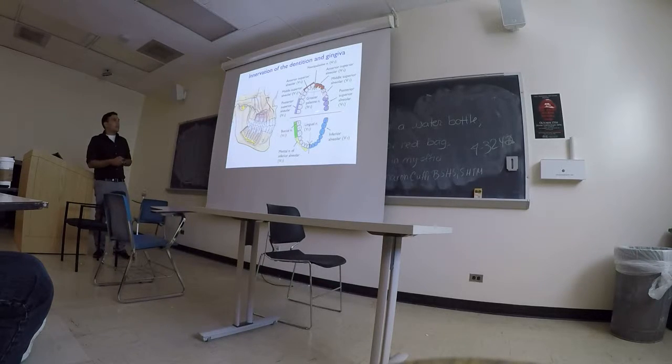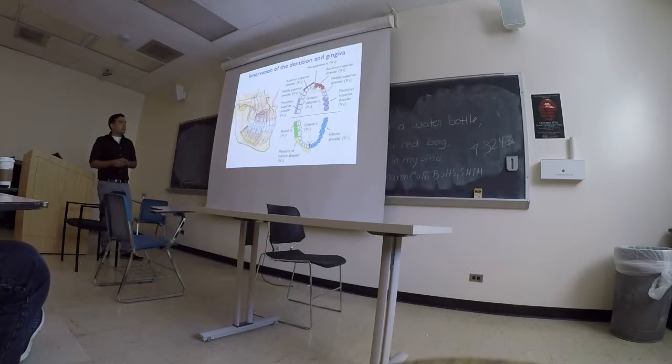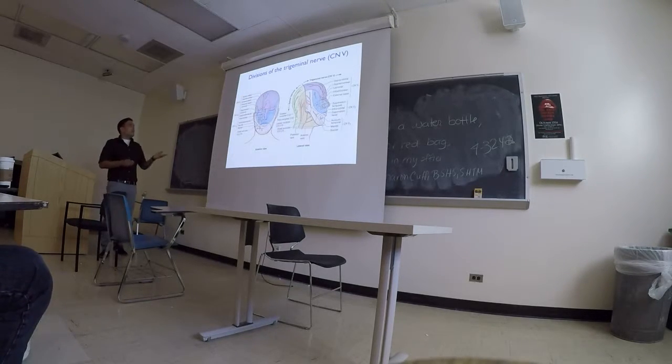And then in the palate, you get the greater palatine nerve, and the hard palate, the nasopalatine nerve, in this most anterior part of that. And then the lingual nerve. I'm not going to go over this, but this is for your reference to look at all the branches of the trigeminal nerve on the face, so the V1, V2, and V3 ones that you can actually see superficially.